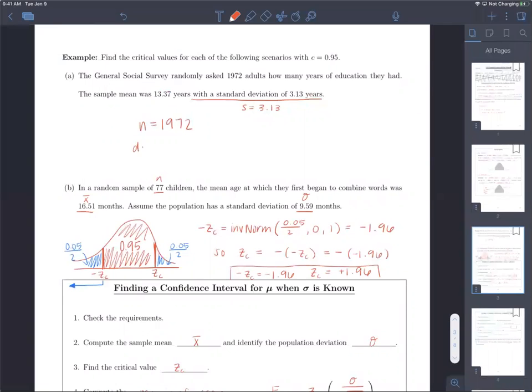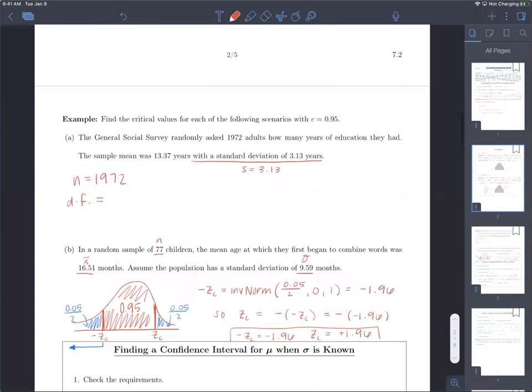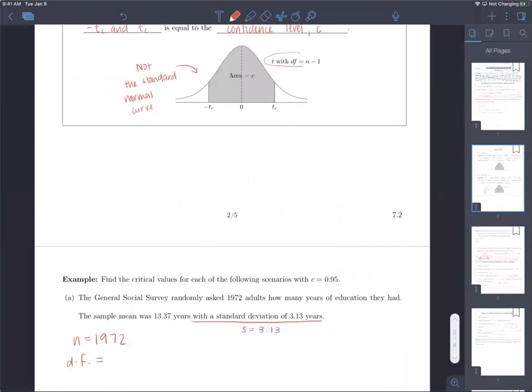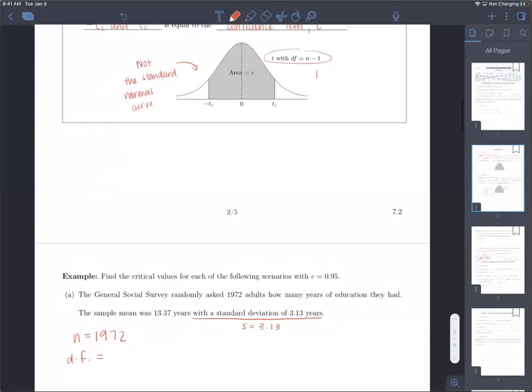So what's the degrees of freedom equal to? You guys remember? I think it's on a picture somewhere. So what would my degrees of freedom be here using that?